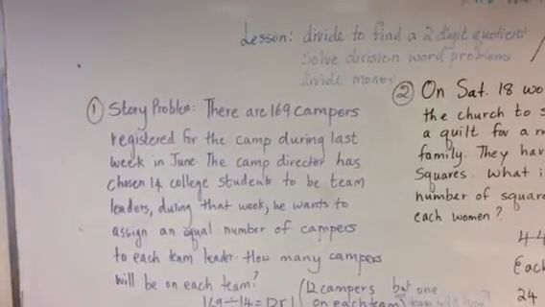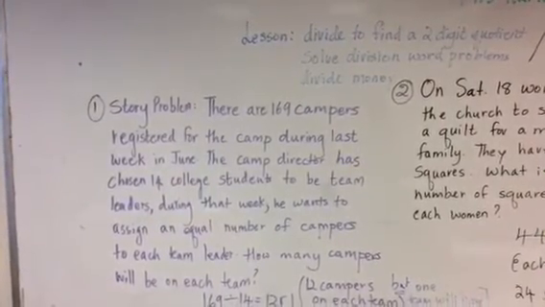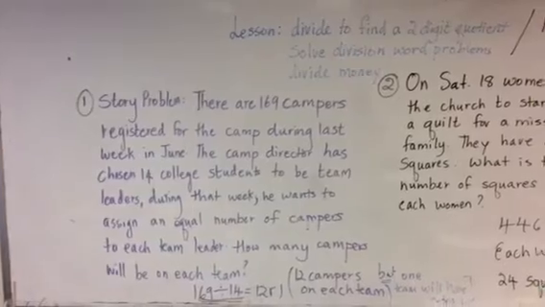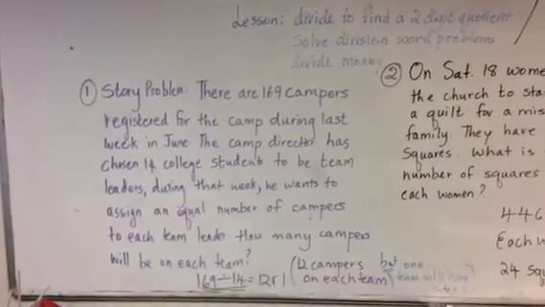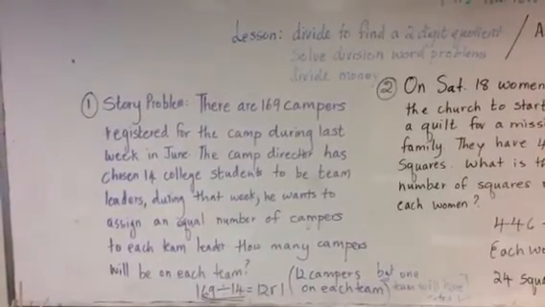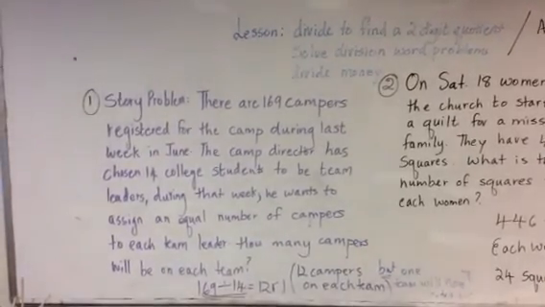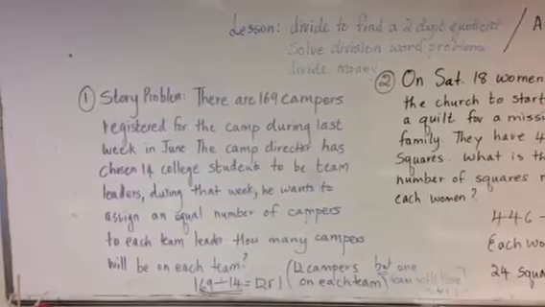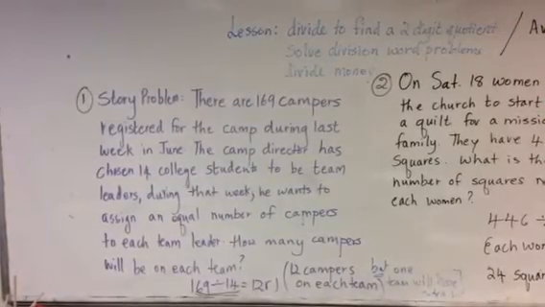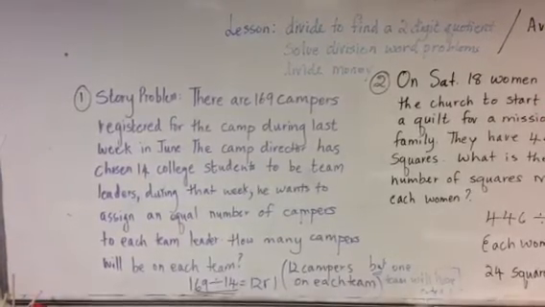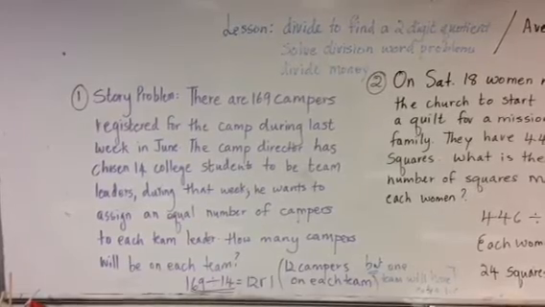There are 169 campers registered for the camp during the last week in June. The camp director has chosen 14 college students to be team leaders during that week. He wants to assign an equal number of campers to each team leader. How many campers will be on each team?